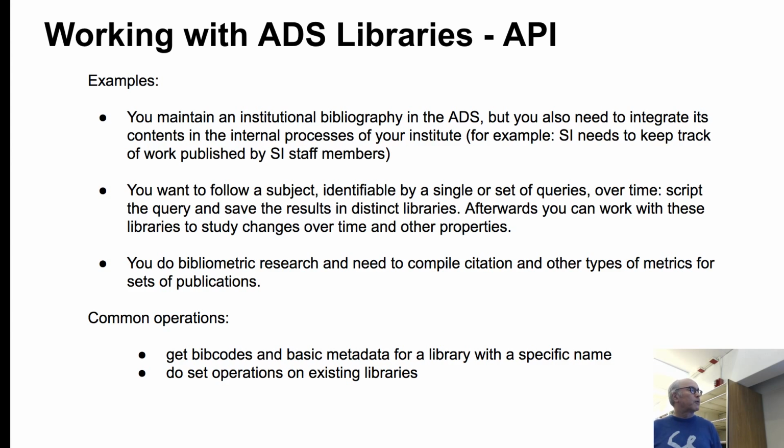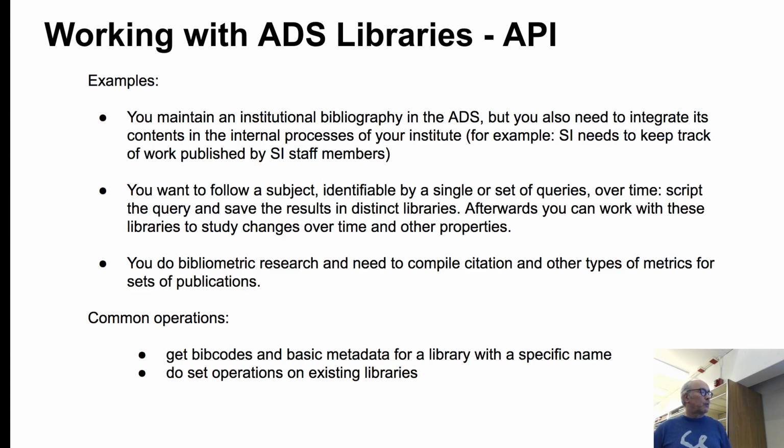And common operations in using the API for interacting with libraries is, you know, you have a library with a specific name, and you want to get the entire contents of that library, but including some basic metadata.